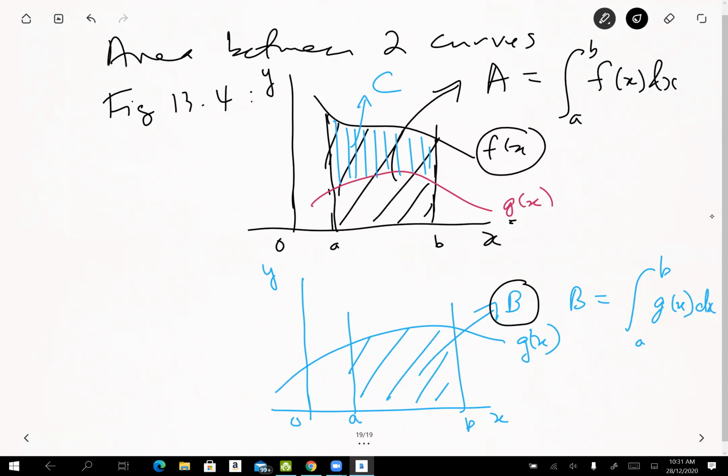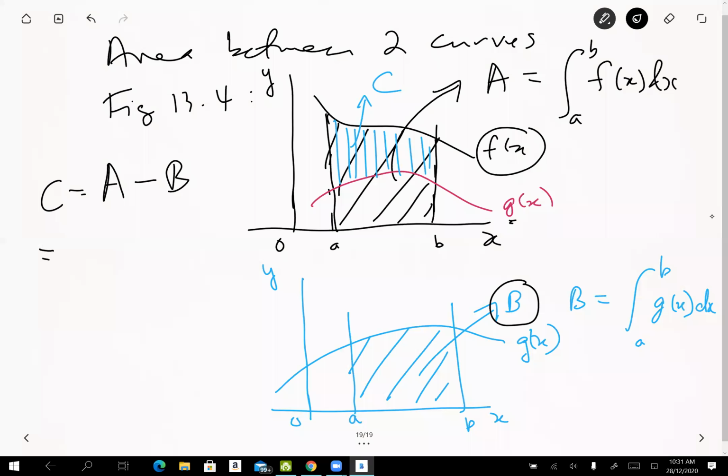So therefore, what is C? C is the area A minus area B. Because you want the portion only, you don't want the whole thing. So now we have to apply 13.1 and 13.2. 13.2 is the difference and the sum. So what is it?